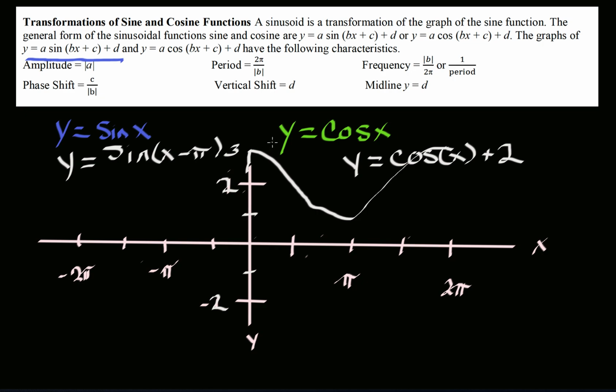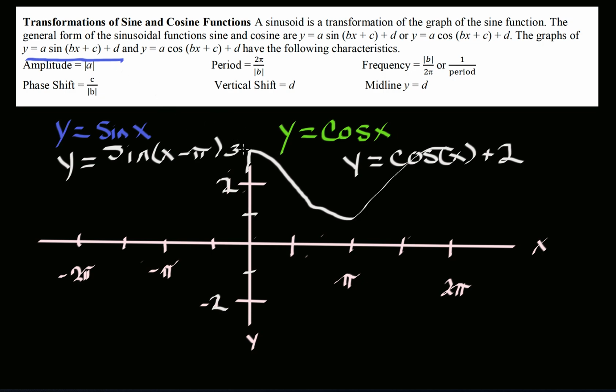There's some work that you have to do in terms of using these values to understand how to do some of the problems on the homework. So the next video that I do is going to take a couple of homework problems and show them to you. But for now you know what amplitude is.